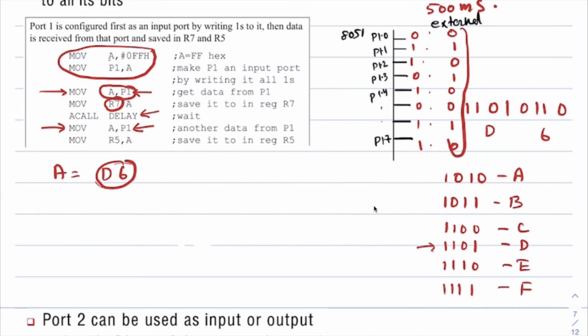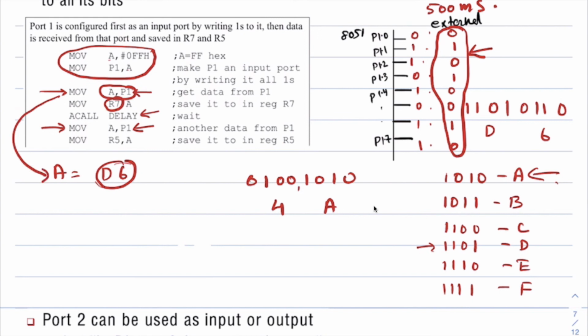Then naturally you must remember that the new data you get after a 500 millisecond delay is 0 1 0 0 1 0 1 0. So 0100 is 4, and 1010 is A. So at the first point you were getting A as D6, however at this point you will be getting A as 4A in this particular example.